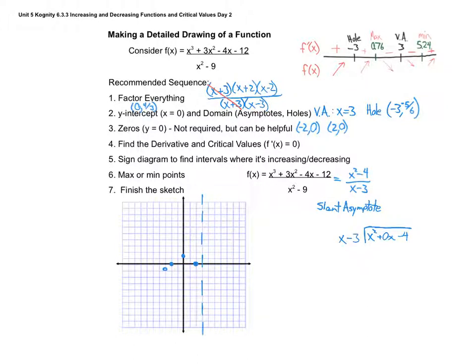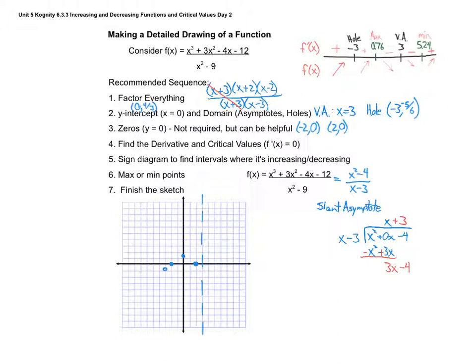You could do this with synthetic division or with regular division. If I do it with regular long division here, x squared over x is just x. I multiply, so I have an x squared minus 3x. Then I subtract, and I get 3x, bring down the minus 4. 3x divided by x is a plus 3.